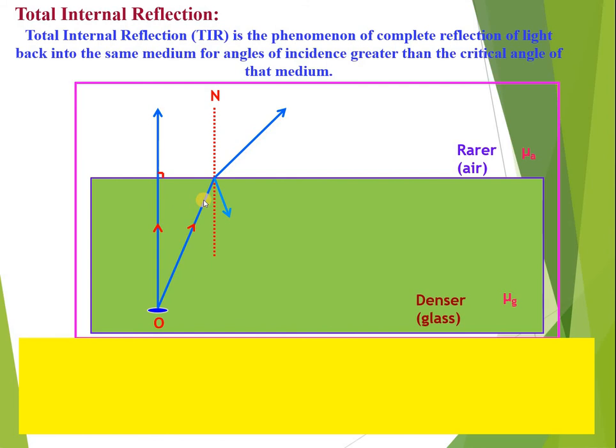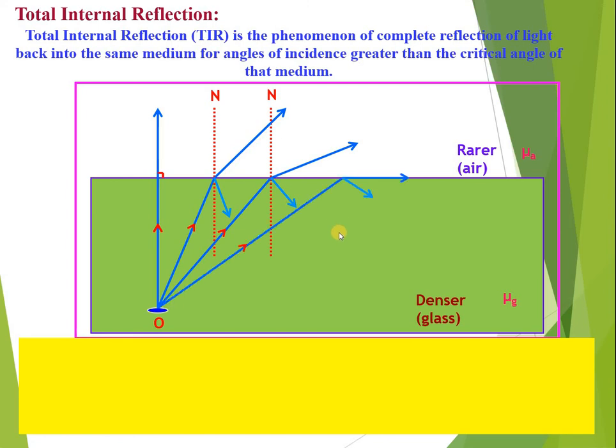But when you increase the angle of incidence from 0, it bends, and as it is going from denser medium to rarer medium, it bends away from the normal. If we increase the angle of incidence, then the angle of refraction also increases. As you can see in the third one, if we increase the angle of incidence, the angle of refraction also increases.